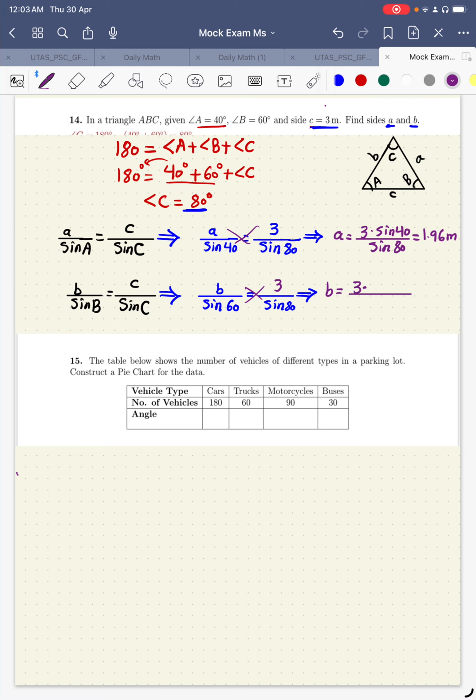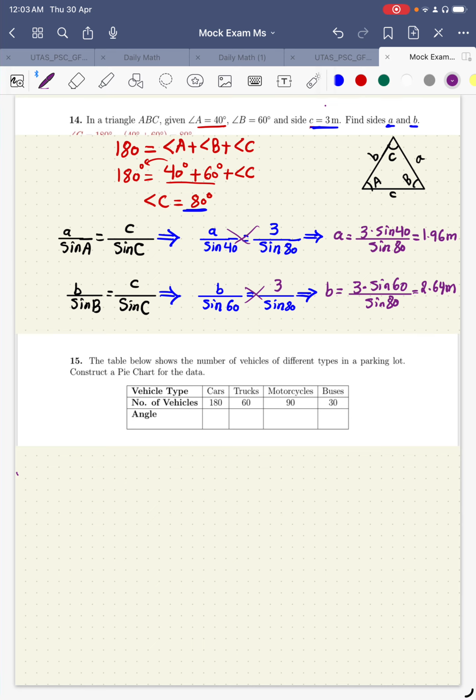So it would be 3 times sine of 60 divided by sine of 80, which, if I use the calculator, gives me 2.64 meter. Remember, I should not forget about meter. So that was question number 14.